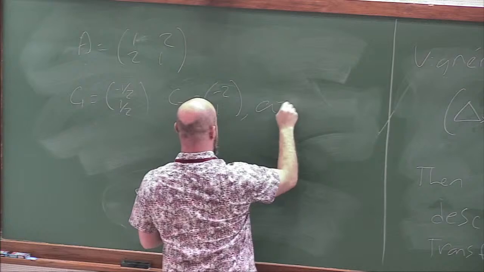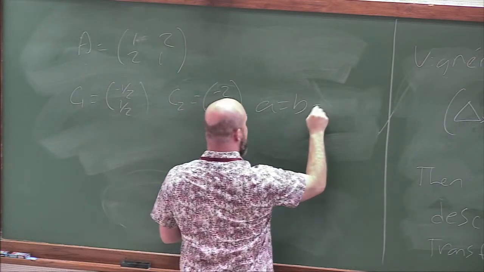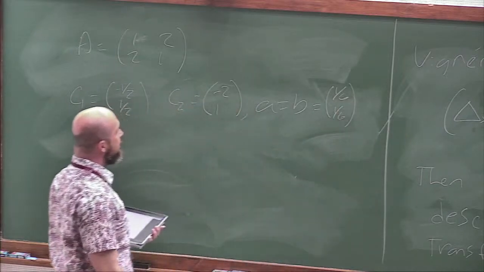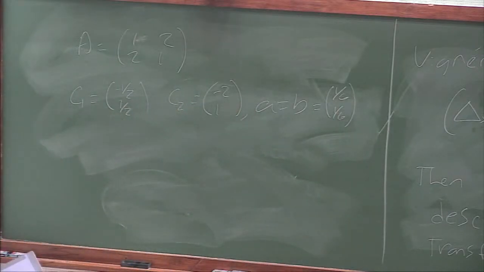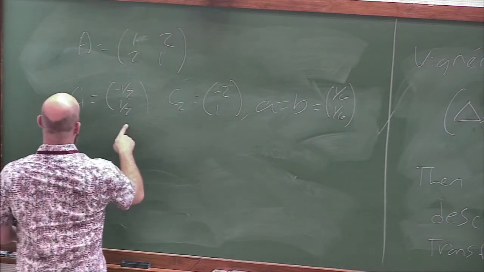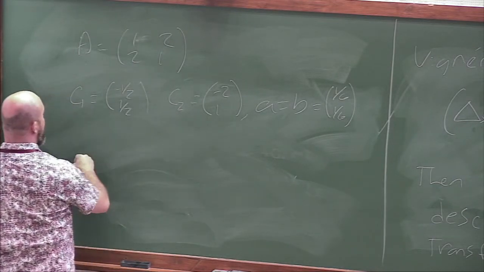And then we're going to take A equal to B equal to 1/6, 1/6. This is a fun example that Zwegers works out in his paper. Notice C1 and C2 both have norm.